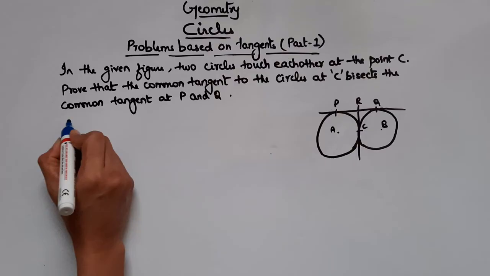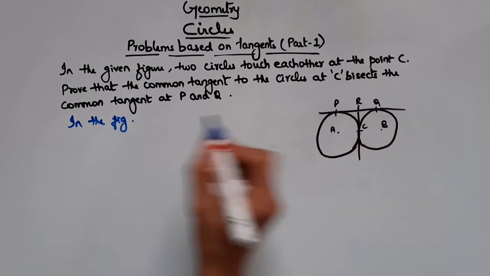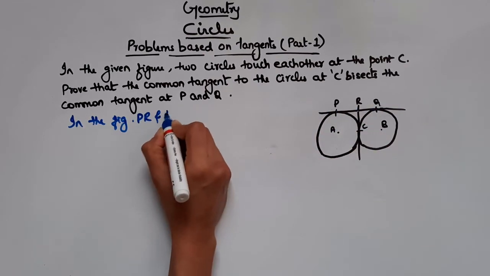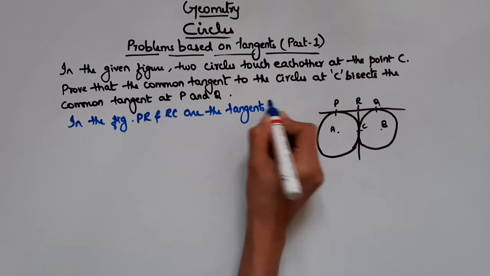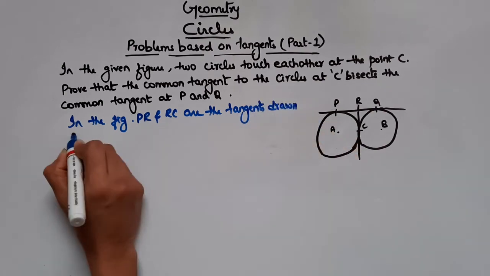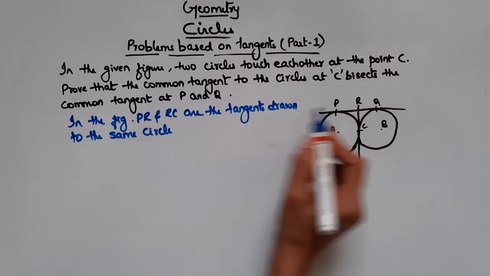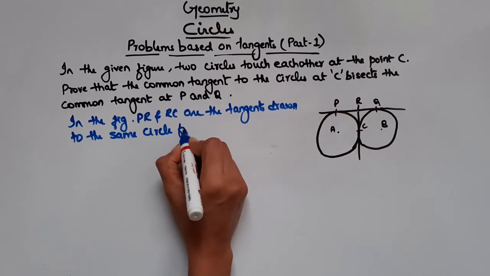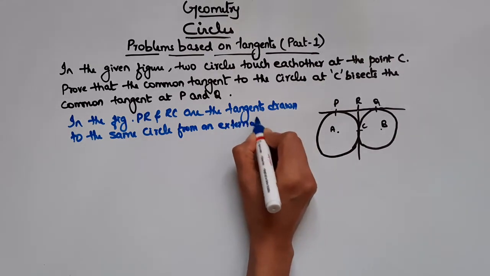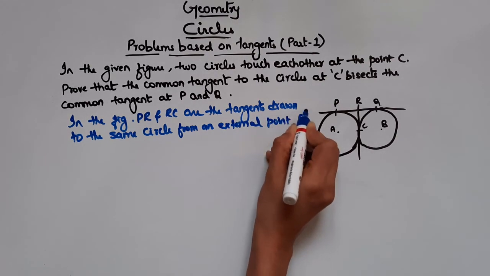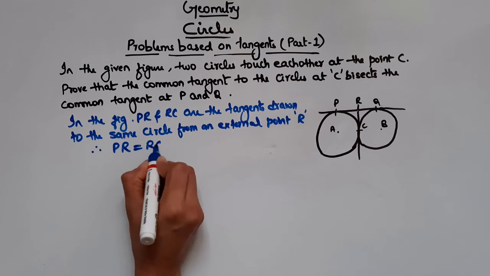So first let's write that. In the given figure, here PR and RC are the tangents drawn to the same circle from an external point R. So therefore we can say PR is equal to RC.